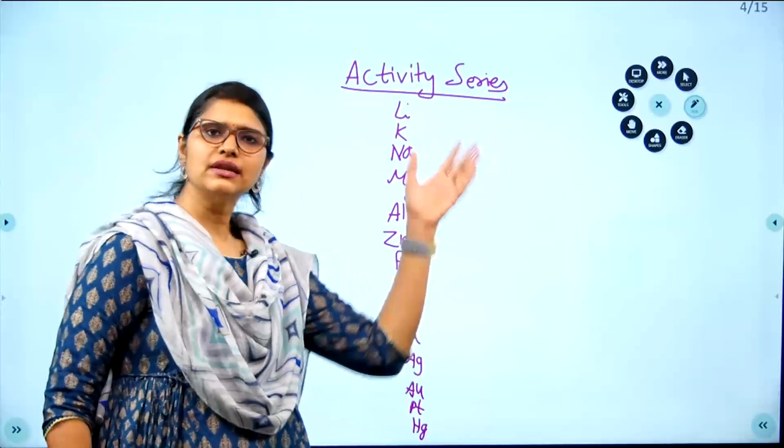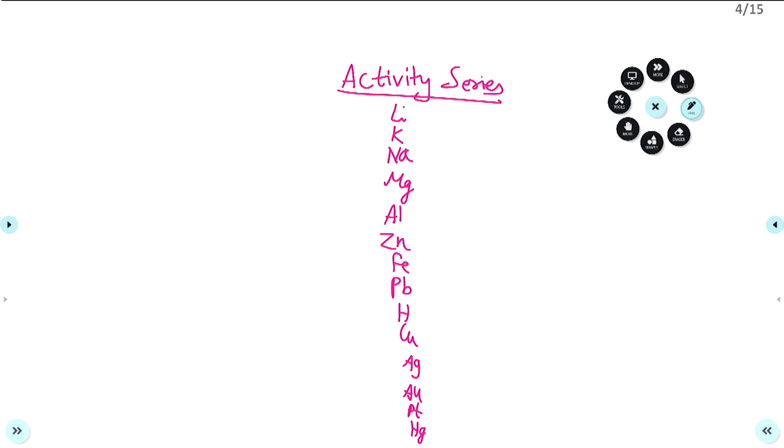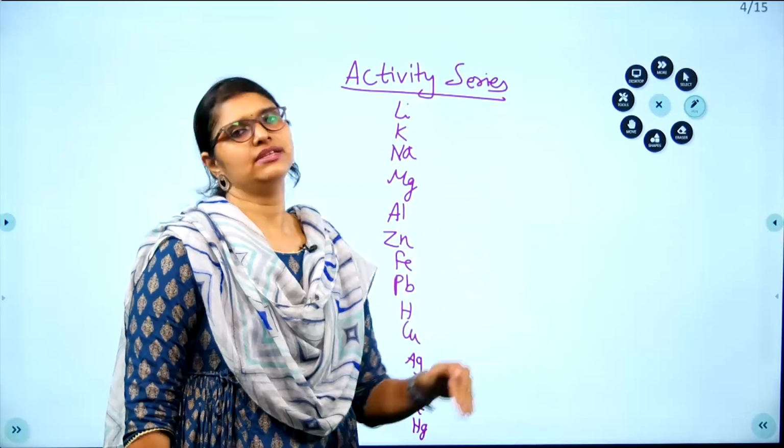So this is the reactivity series. It starts with the more reactive metal, that is lithium, and it ends with the less reactive metal, that is mercury. So it is arranged in decreasing order.